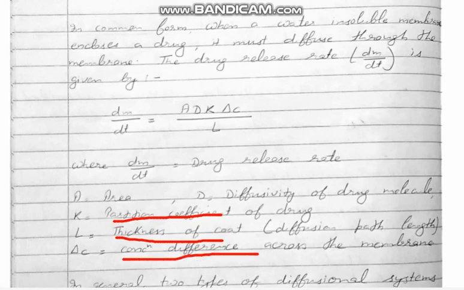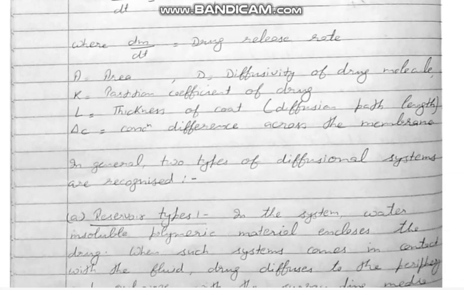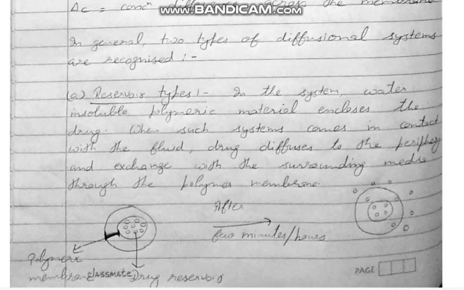difference across the membrane. In general, two types of diffusion system are recognized. First one is the reservoir system. Reservoir means where a bulk amount of drug is present in a short area. In this diagram, this is the region where drug is stored.